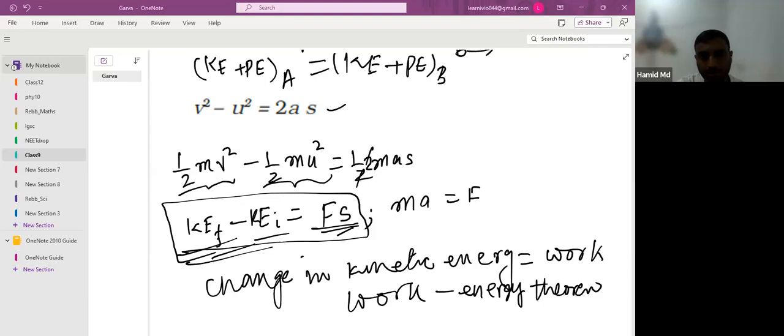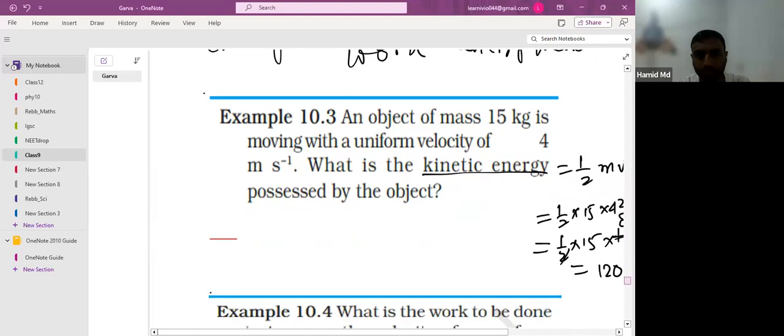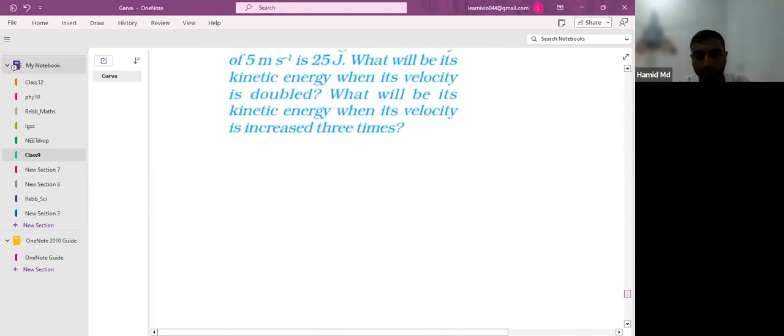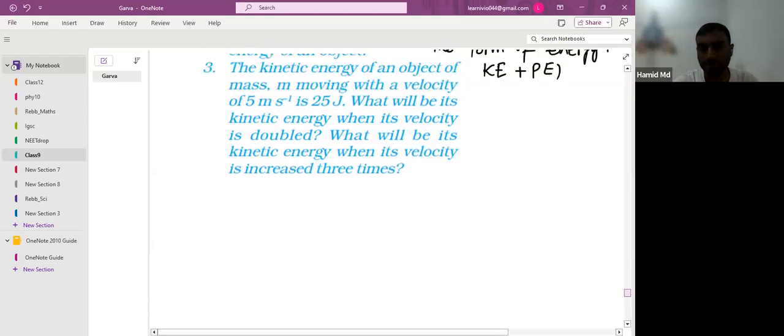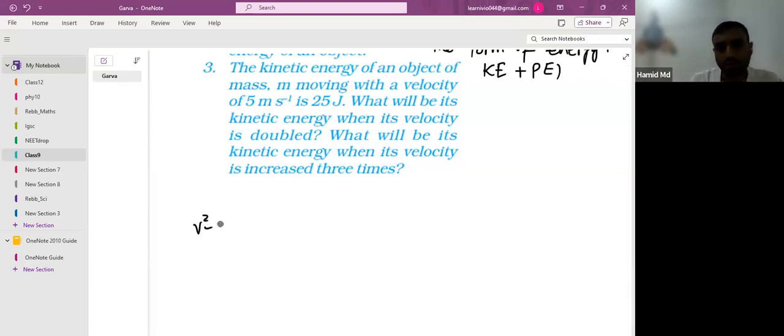Okay, so further we will explore the work energy theorem, and then you have to answer this question. I am keeping this question for you. Before that, I will write another form of kinetic energy. We all know that v square minus u square is equal to 2a into s.